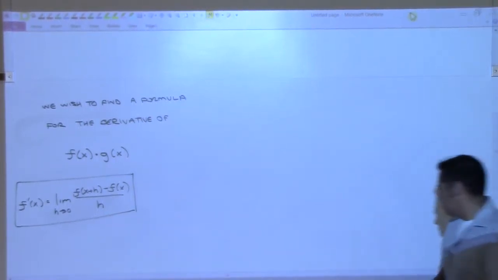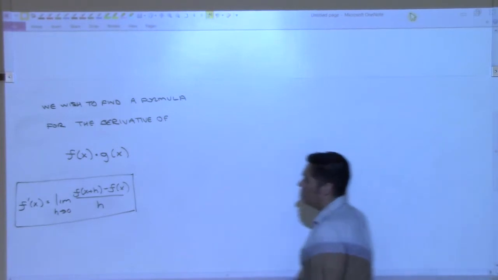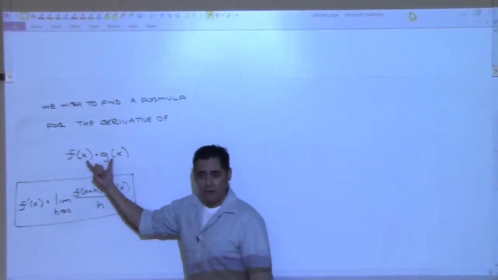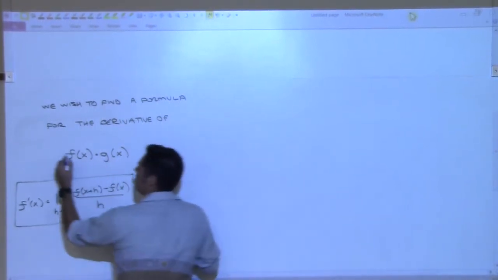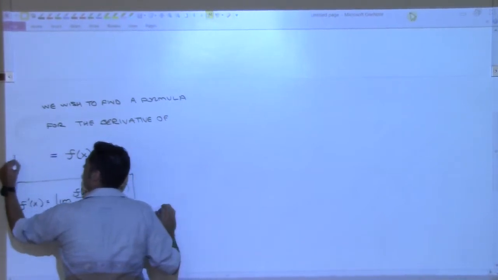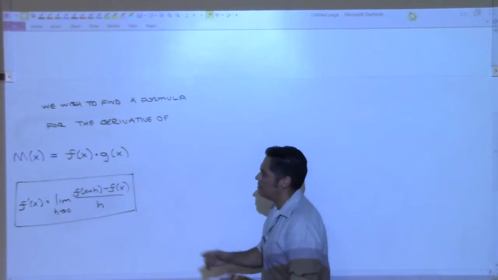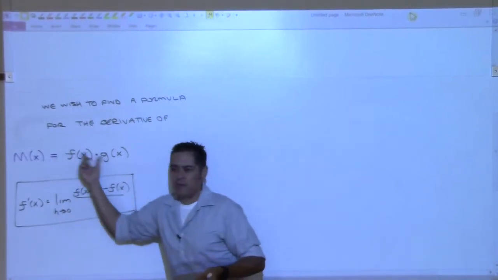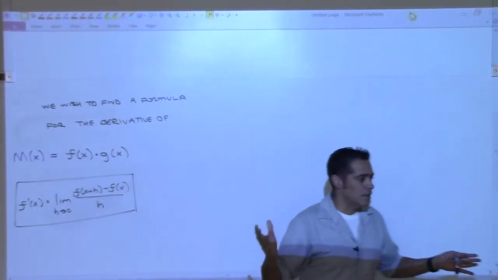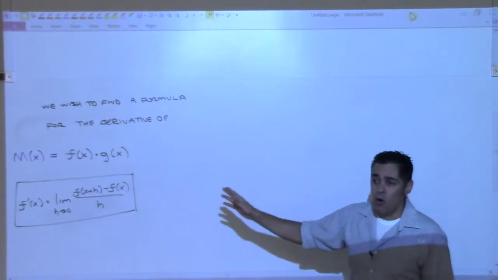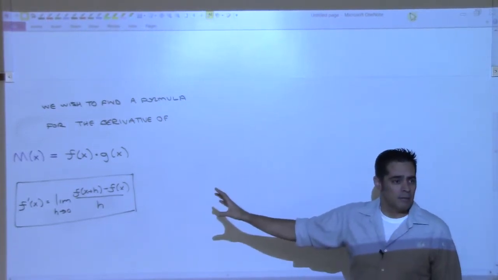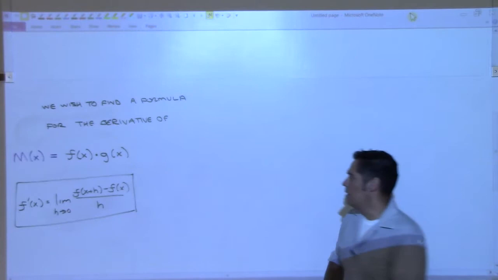But that's not what I want the derivative of. I want the derivative of two things being multiplied, right? So I'm going to call this right here capital M of x. I'm going to call it that because multiplication, I'm going to use m for these are being multiplied. I could have used any letter. So do you agree that I want to know what the derivative of capital M is? You agree with that? Yes. Okay, so let's do it.